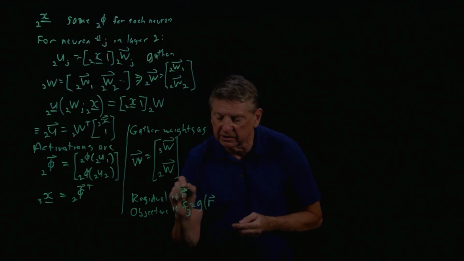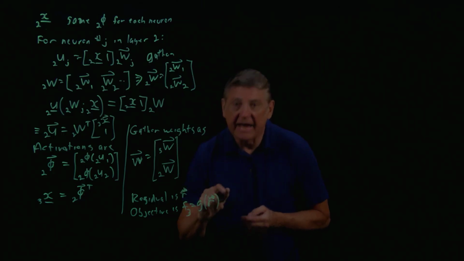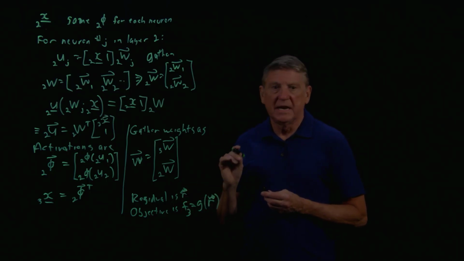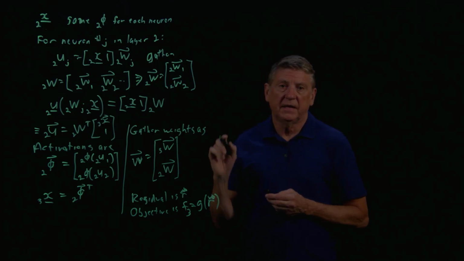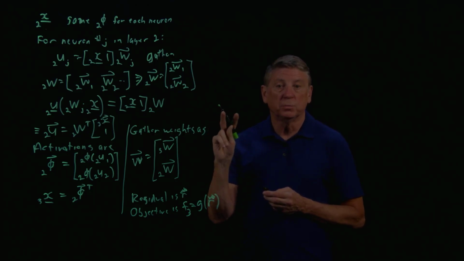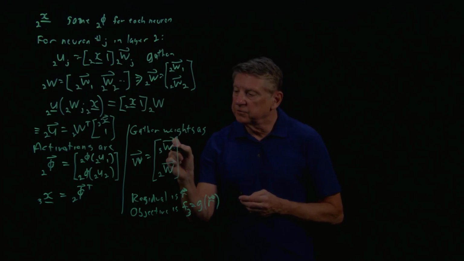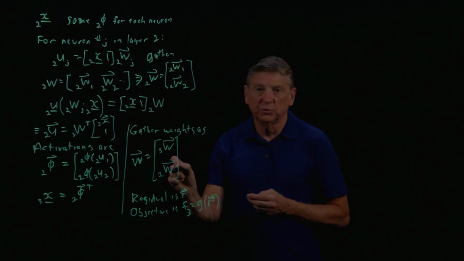So the residual is still, sorry, that's still a scalar, and everything else follows. So the objective function now has a gradient that depends on two parts. The gradient will depend on the layer 3 weight vector and on the layer 2 weight vector.